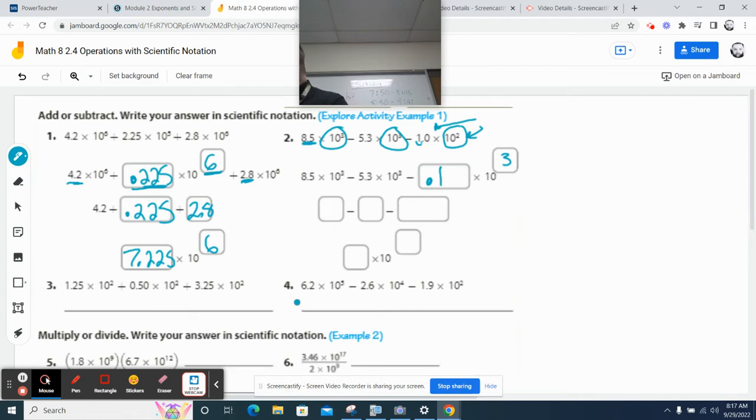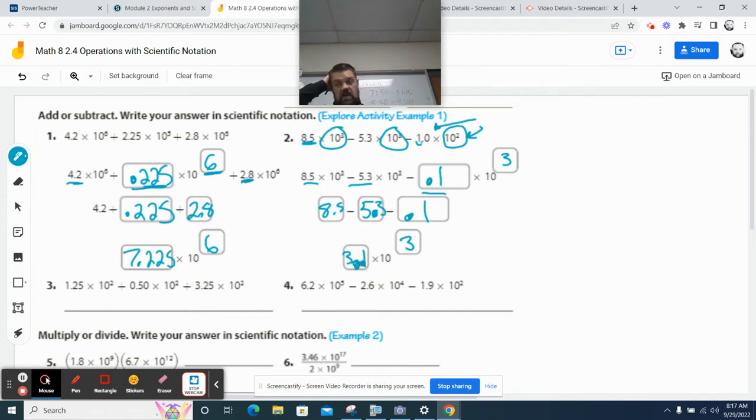Once they're all to the same power, then I just take this and this and this and add them up. So I'm going to say 8.5, or in this case, subtract them. 5.3 and then 0.1. When I add and or subtract those numbers, I get 3.1, 10 to the third power.